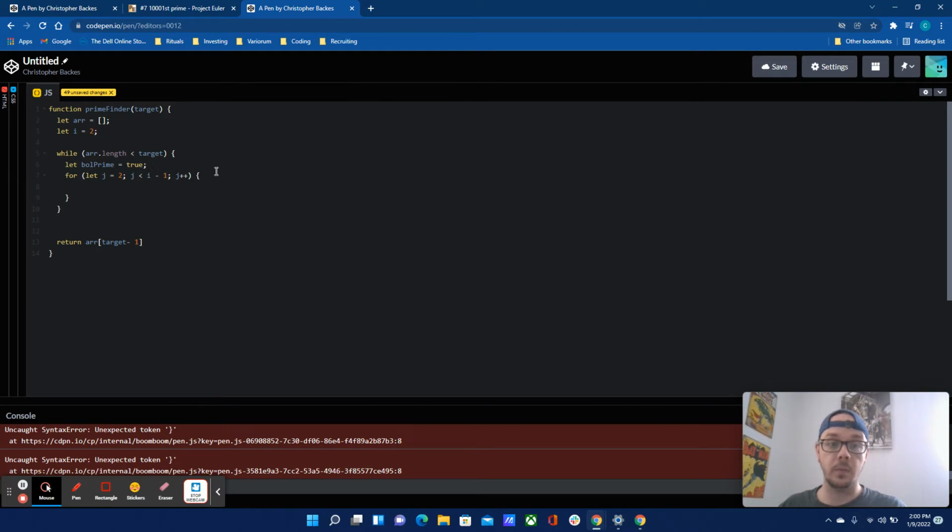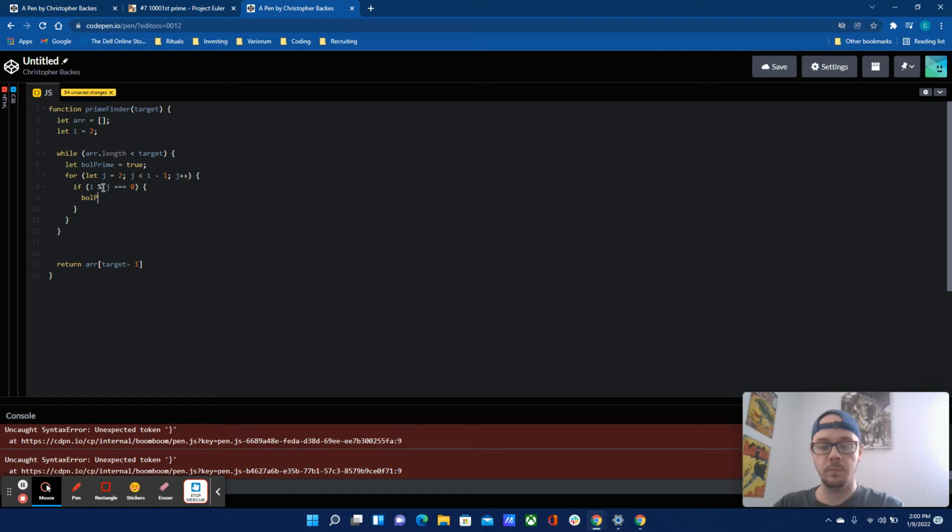Now that we've got it, we are going to say if i is divisible by j with the remainder of 0, right? This is the modulo. We talked about this in a previous video.